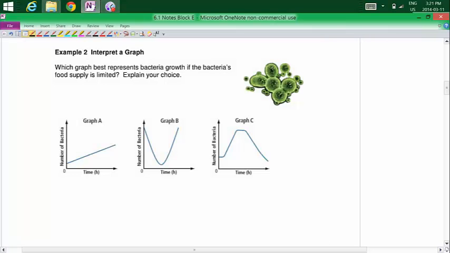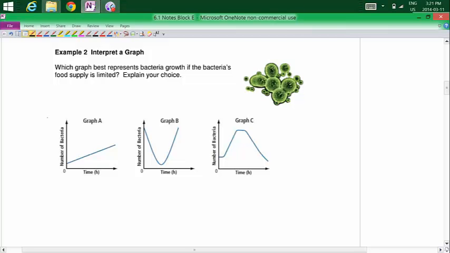All right, well, if we take a look at our first graph, this straight line here means that we have a constant growth, okay? And this one wouldn't really fit our situation, because if the bacteria has limited food, then they're going to be eating quite nicely for the beginning, right? But eventually they're going to run out of food, and this graph here doesn't show that we're running out of any kind of food here, okay?